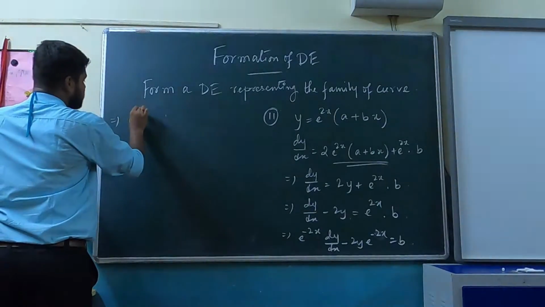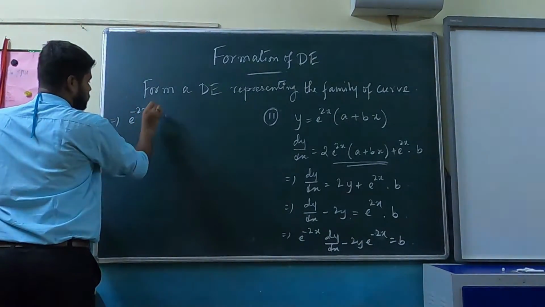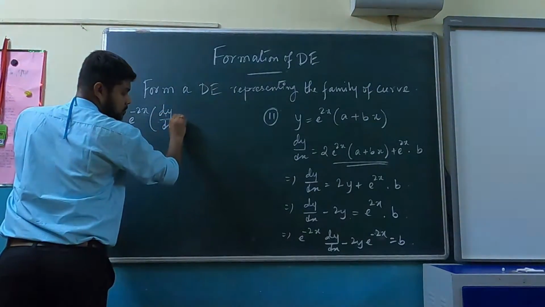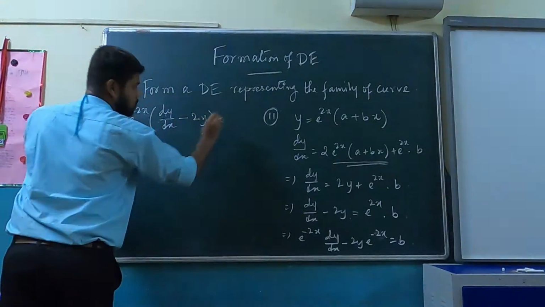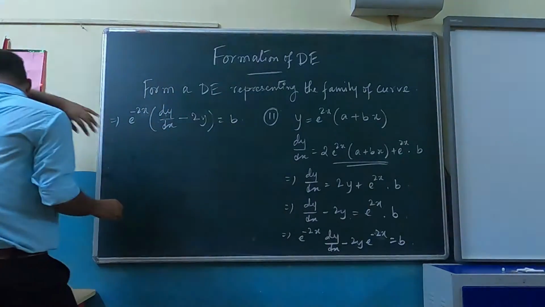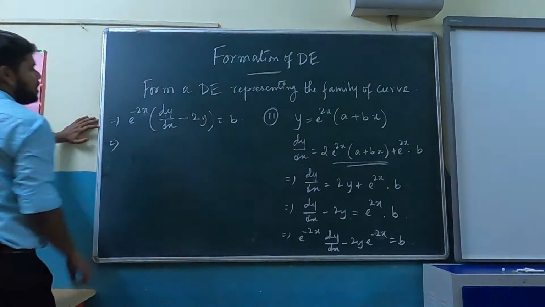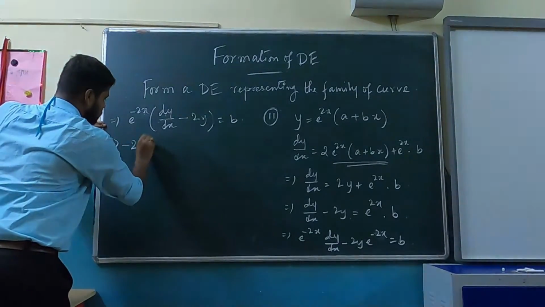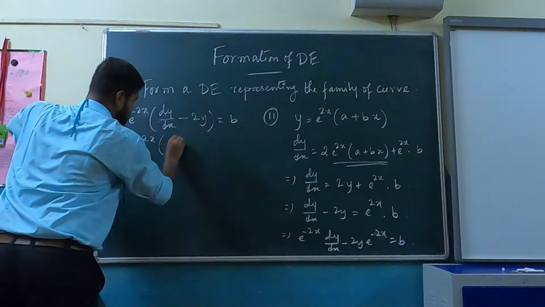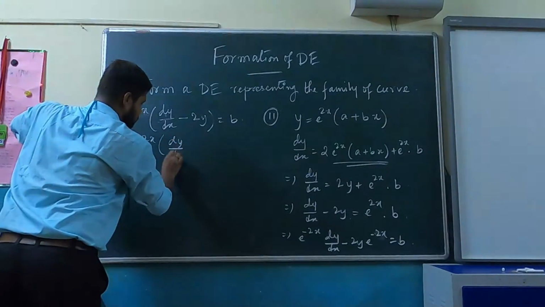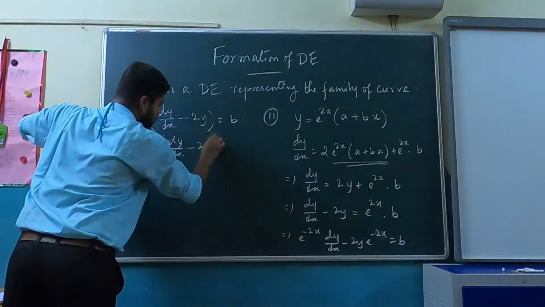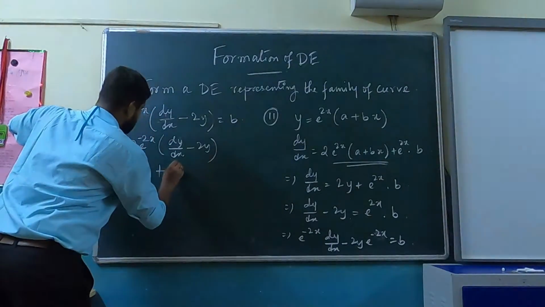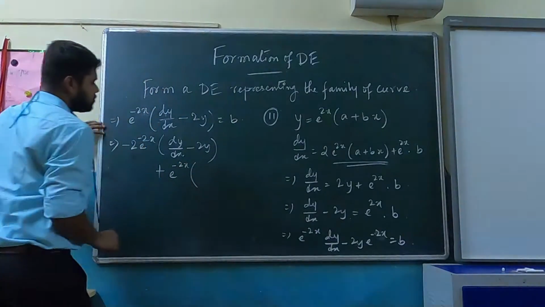So now if I do the derivative, this is minus 2 e to the power minus 2x dy by dx minus 2y plus e to the power minus 2x.